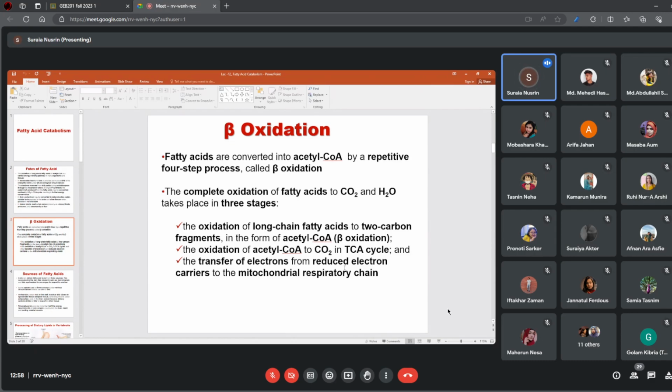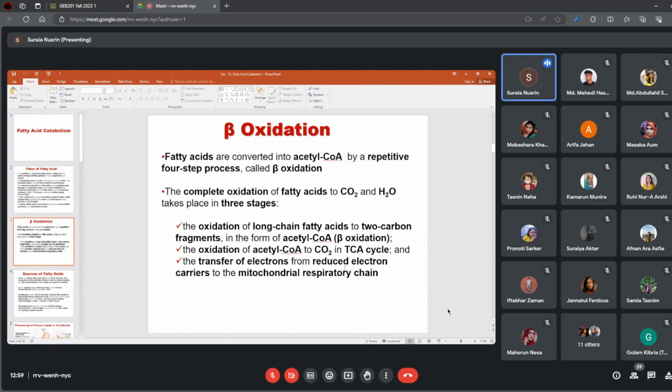Fatty acid is made up of many carbons, and acetyl-CoA is made up of only 2 carbons. So many acetyl-CoA are produced, and to do that it undergoes repetitive 4-step reactions, and that is called beta oxidation.